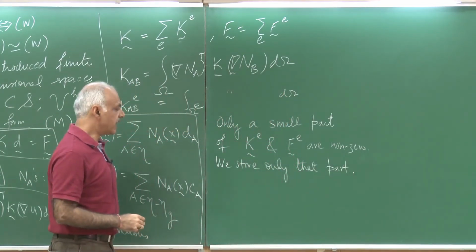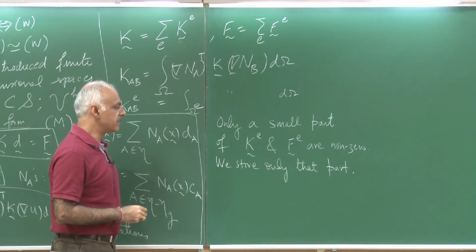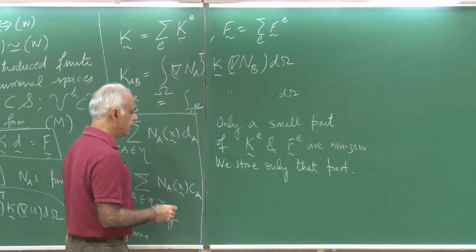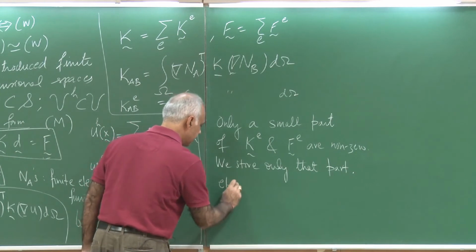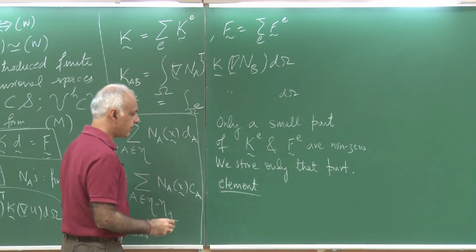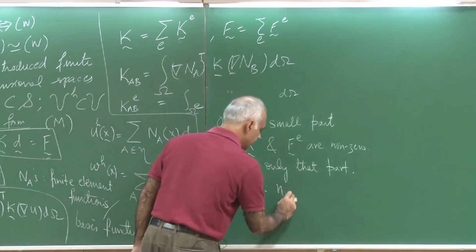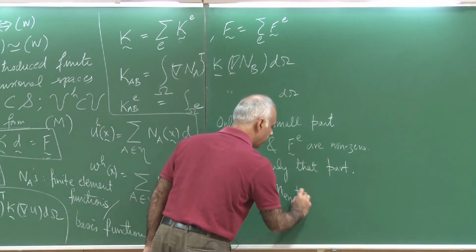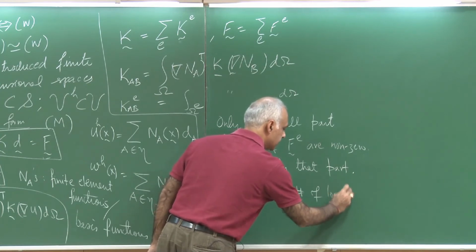So, we introduce the idea of the local element. So, we said let there be this concept of an element, and suppose it has any n number of local nodes.